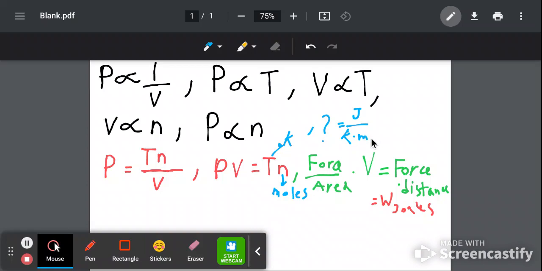And the reason is because when we multiply that constant by temperature and amount of gas, the Kelvin and mole cancel out, and we're left with joules. And now we basically proved this.